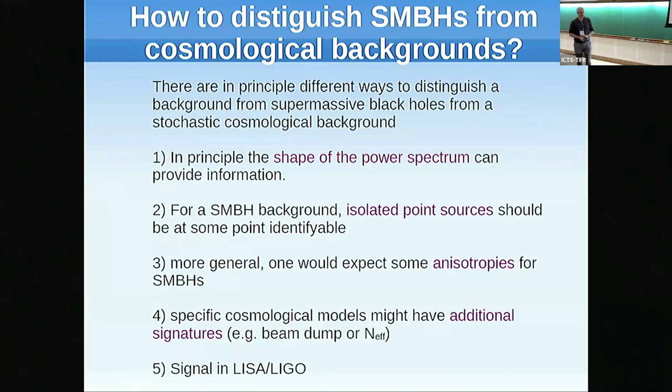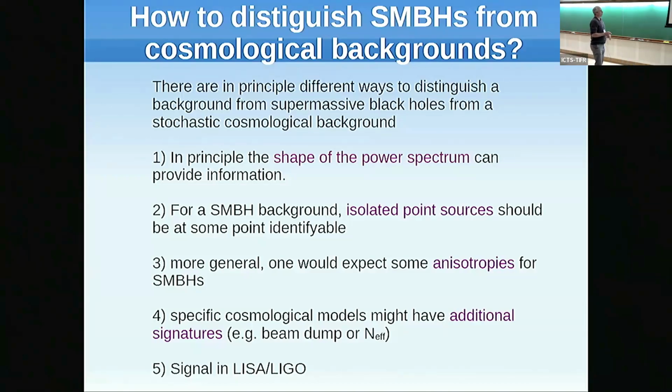But I'm not really optimistic that this will be the deciding factor, because we as theoreticians are, of course, really inventive. So whatever happens on the experimental side, we will find a way to accommodate this. So I don't think there will ever be a situation where NANOGrav reports something and the theoreticians say, okay, we give up, we cannot explain the signal. This will probably not happen, at least not on the level of the power spectrum.